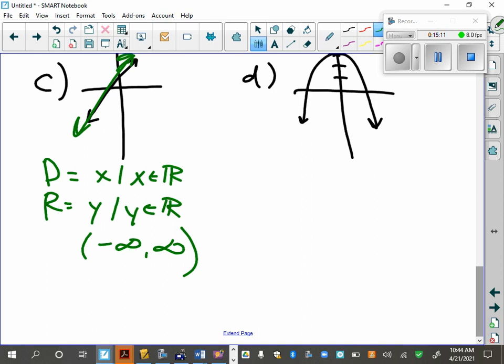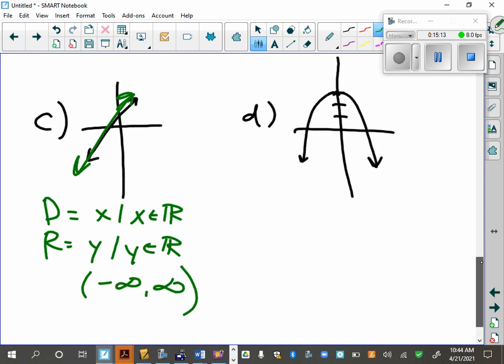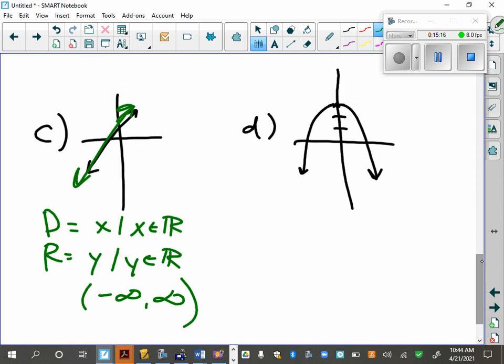This one, harder. The domain is going forever left and forever right. Domain is the same thing. All the numbers in the whole wide world. Range is not the same thing. The range is 1, 2, 3, and down.